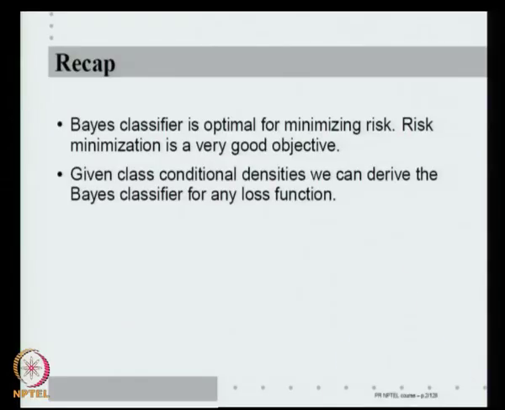So, Bayes classifier, as you have seen, is optimal for minimizing risk. And risk minimization is a good objective. We have seen how we can get Bayes classifier for various special cases. Given all the class conditional densities, we can derive the Bayes classifier for any given loss function.